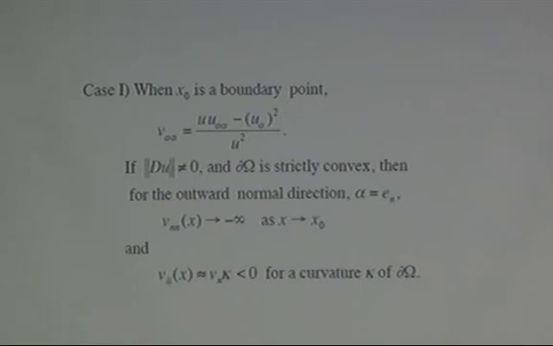So it's negative. So in other words, if you are able to show the gradient is non-zero, then the second differential of v is negative if your boundary is strictly convex. So it's nothing to do with the second differential of u, but it's really about the first differential of u. So that is one observation.